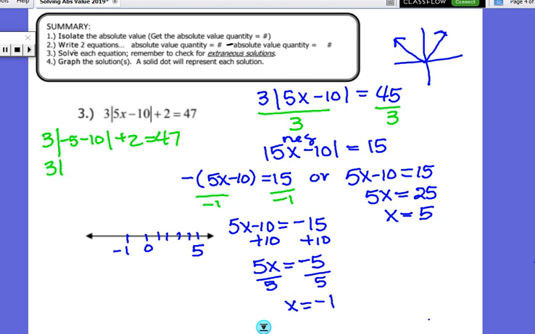Well, I've got 3 times the absolute value of negative 15, plus 2. Absolute value of negative 15 is 15. 3 times 15 is 45, plus 2 equals 47. All right, so that one checks. Negative 1 is part of my solution.